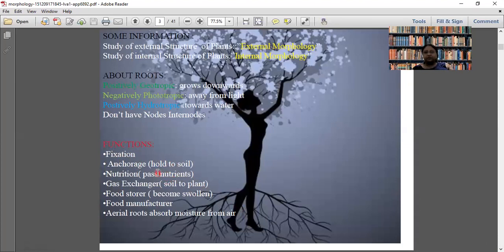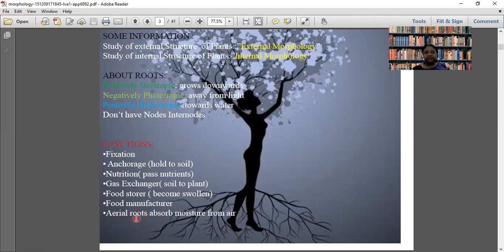It is responsible for absorption of mineral nutrients from the soil. It helps in the gaseous exchange from soil to plant, plant to soil. It sometimes becomes solid by storing food. In some rare cases, it can be green in color and manufacture food.